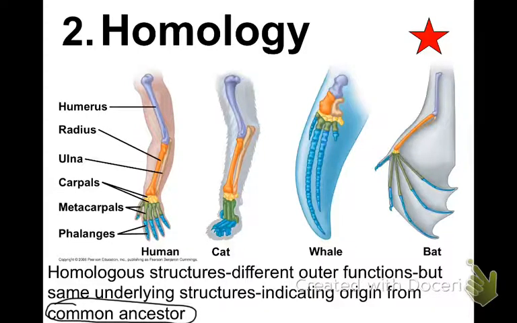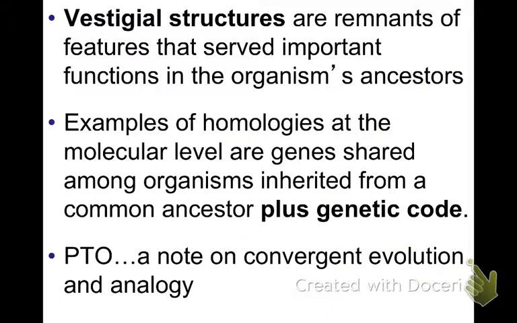So homologous structures have different outer functions but the same underlying structure, and that tells you they have arisen from a common ancestor, mammals. Now, we also have something known as vestigial structures that need to be mentioned. These are remnants of features that served important functions in the organism's ancestors.